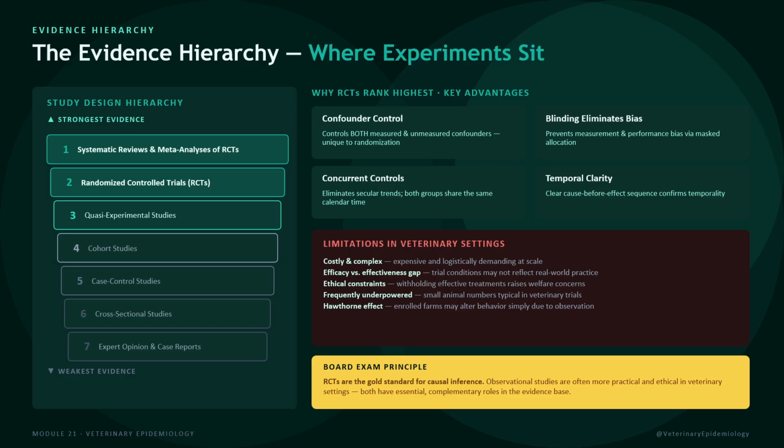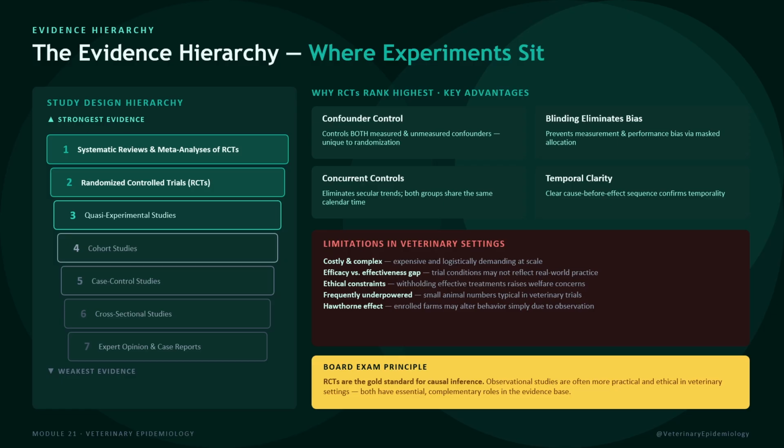As you move down the hierarchy, quasi-experimental, cohort, case control, cross-sectional, the risk of bias increases. These designs are still valuable, especially in veterinary settings where RCTs may be impractical, but they cannot match the internal validity of a well-designed randomized trial.